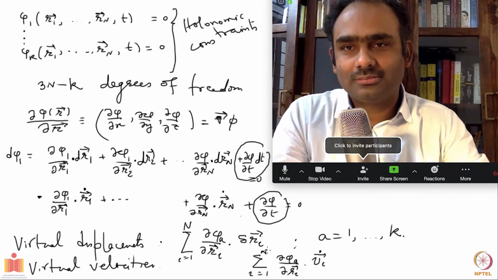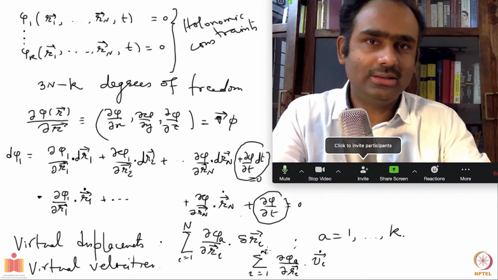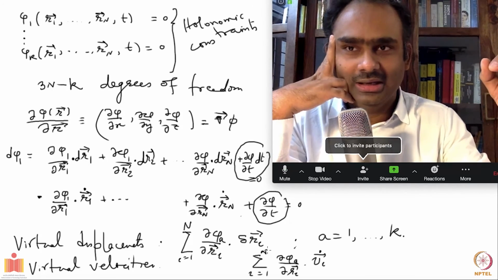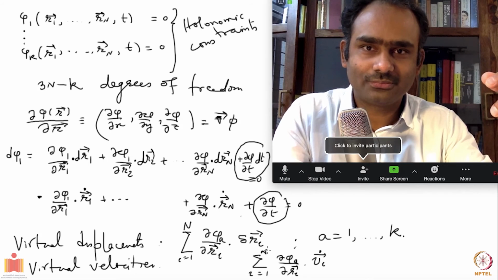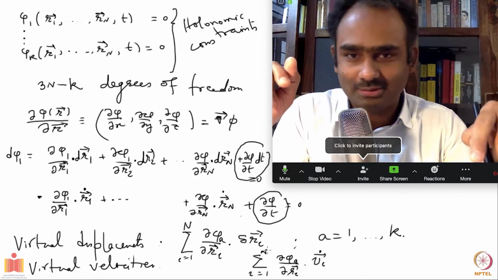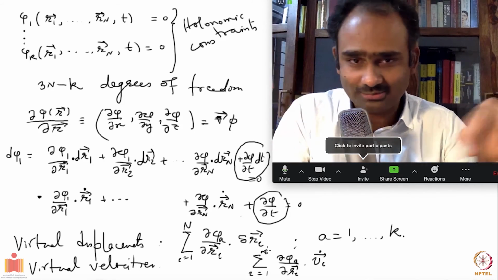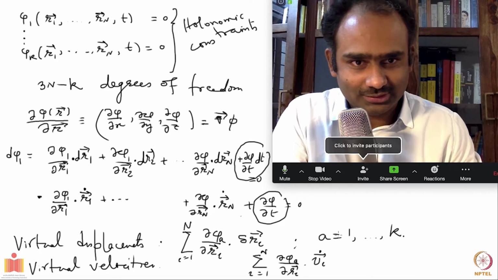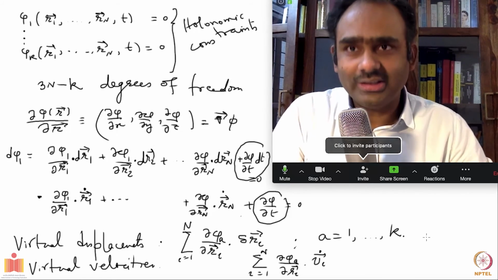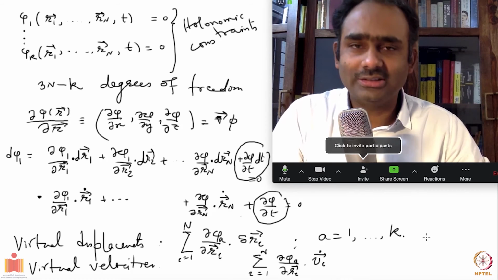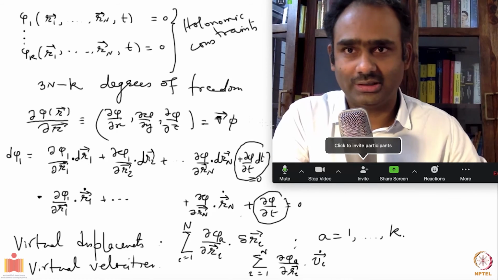Now, why am I interested in only holonomic constraints? The reason is that if you have holonomic constraints, okay, I jumped a bit again. I just should have made one more remark here. So you see your constraints. Let's say you are not given constraints in the form of functions, which I wrote here.